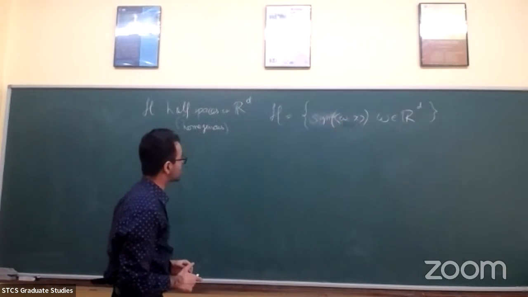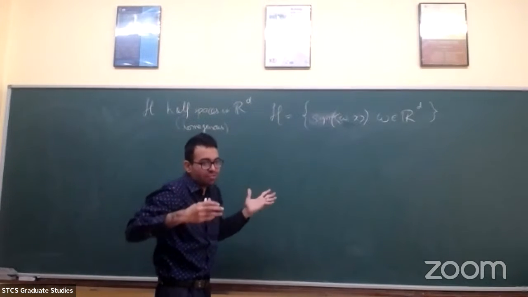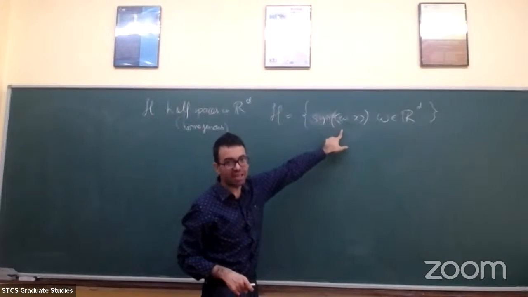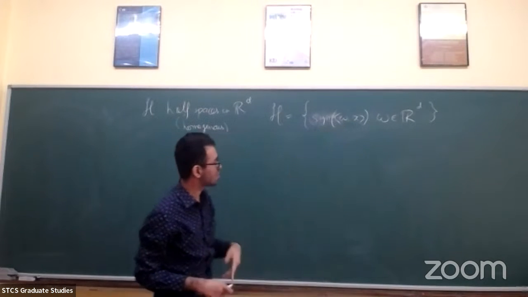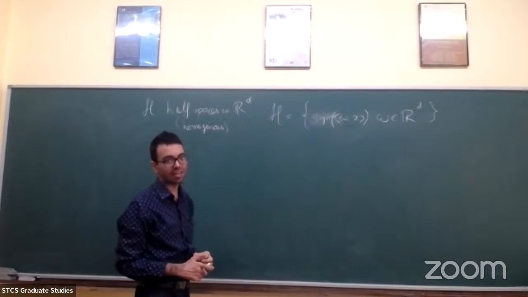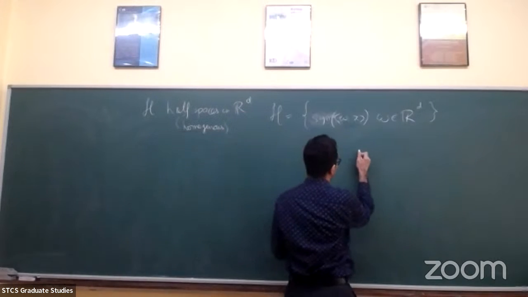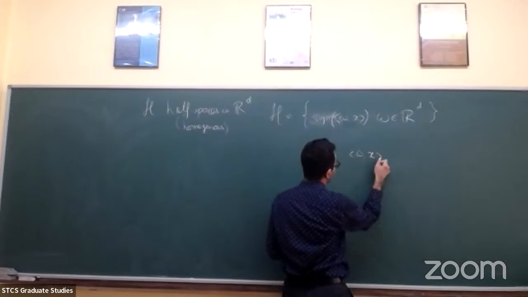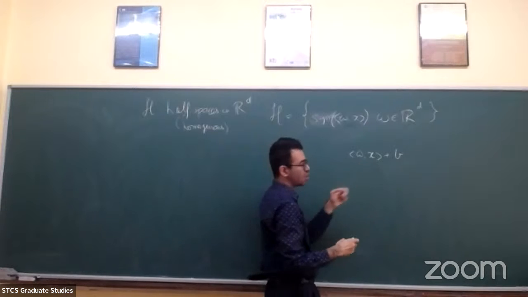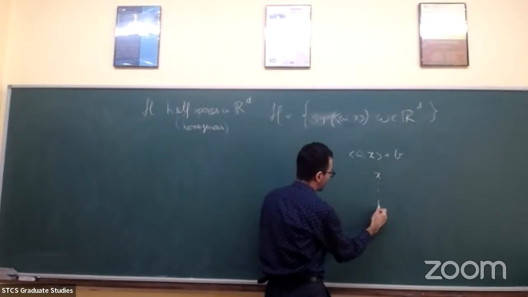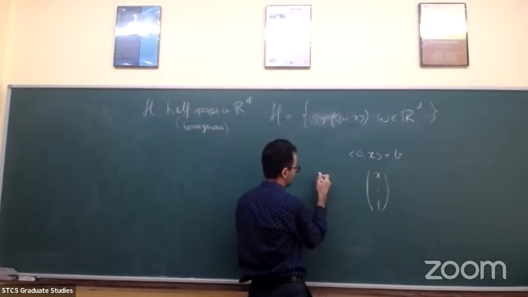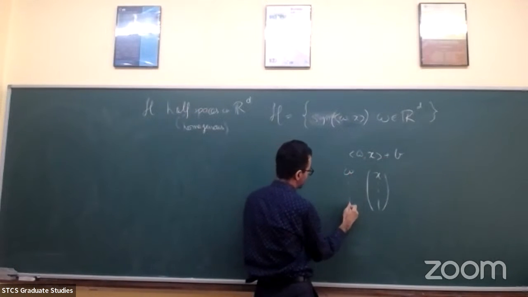Now you might ask, what if our true half space has an additional b? Then you just increase your dimension and work in R^(d+1). If you had the real thing look like this, then you just pretend that your vector x looks like x and then 1, and your w looks like w and then b.